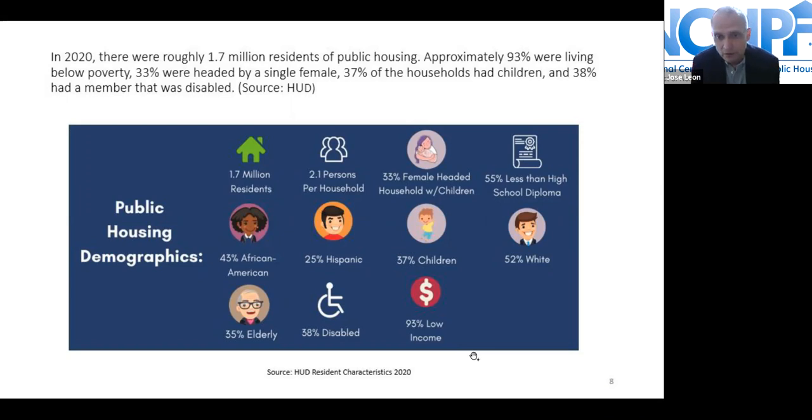And the other extremely important percentage is that 55% of those living in public housing have less than a high school diploma. This is extremely important to mention because, as you know, health literacy is something that we need to consider when we communicate with patients, specifically those over the age of 65.